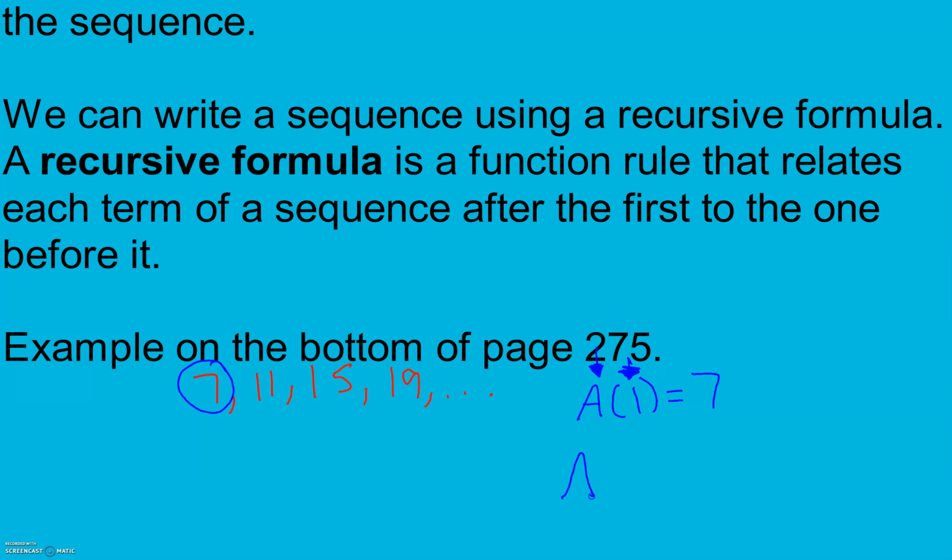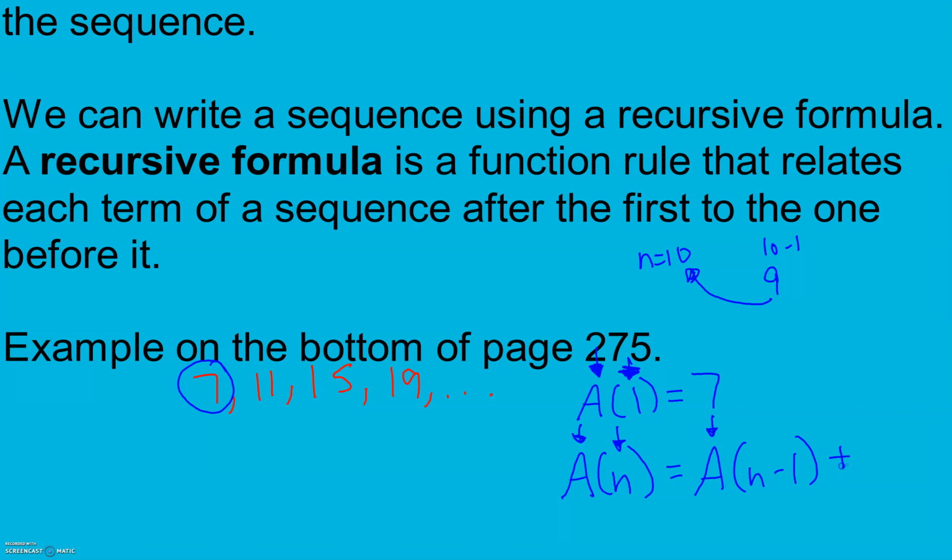Then we're going to say the value of any term, A of n, is going to be the value of the term before it. So A of n minus 1 just means the term number before. So if n is 10, for example, 10 minus 1 would give me 9, which is the one before 10.